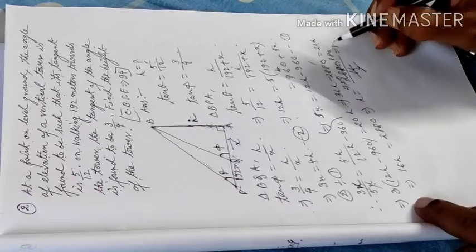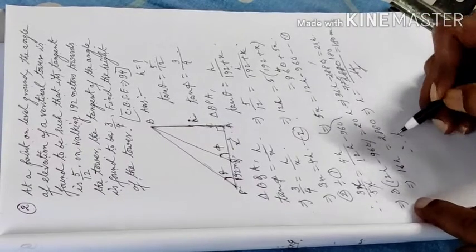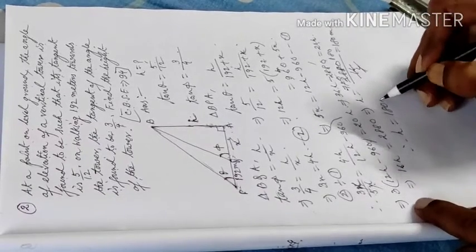That is equal to 180 meter. So height of the tower is equal to 180 meter.